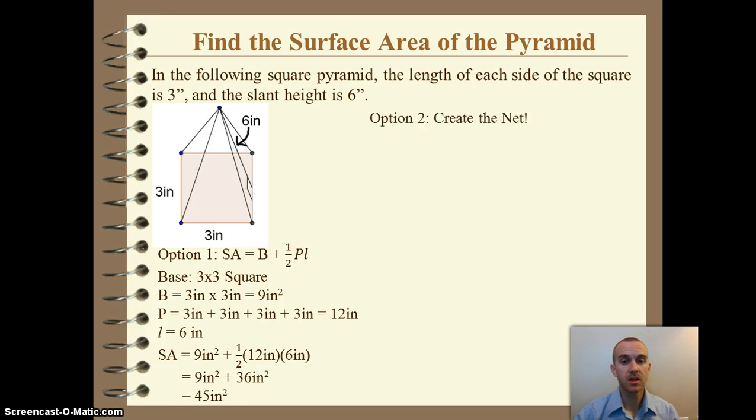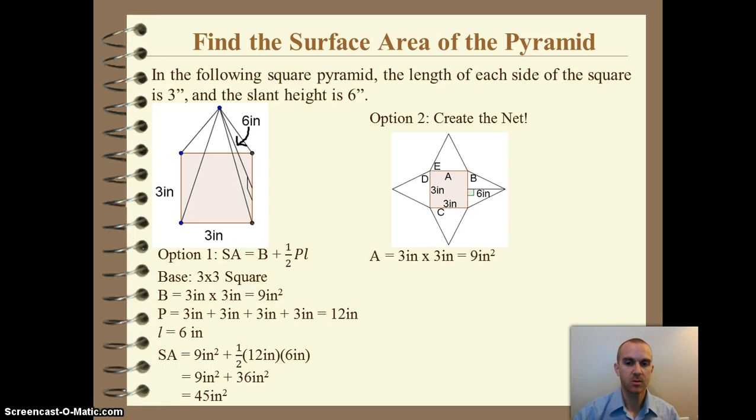The other idea would be to create the net. And if I lay it out, I just take my base and then I'm folding off the triangles for each of those. And I have all my parts labeled. I've got my 3 by 3 square on the inside, and then I've got 4 congruent triangles here where I know my height and I know my base. And you think about the area of a triangle is 1/2 base times height. So the area of my square, there's the 9 square inches.